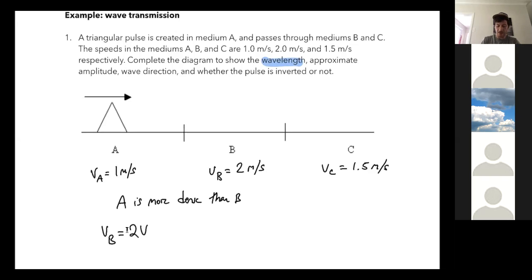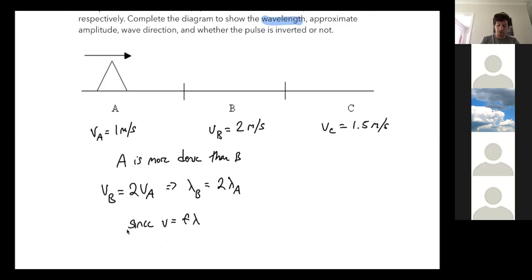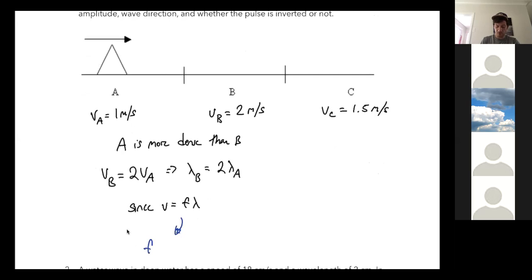So if the velocity of B is twice that of velocity of A, then that's going to tell me that the wavelength of B is also going to be twice the wavelength of A, because they're exactly the same thing. And since we use the formula velocity equals the frequency times the wavelength, because remember, the frequency here doesn't change, okay?